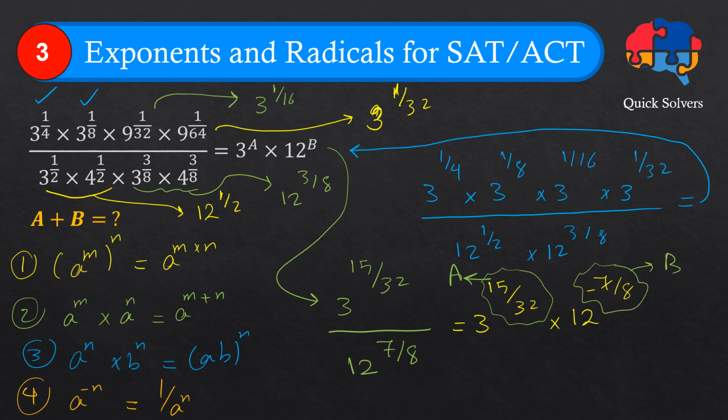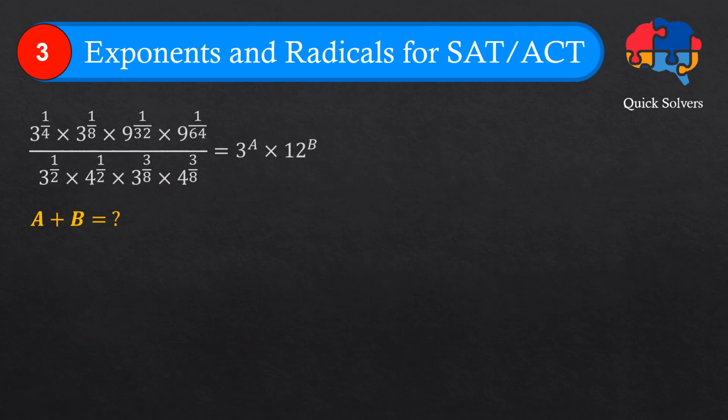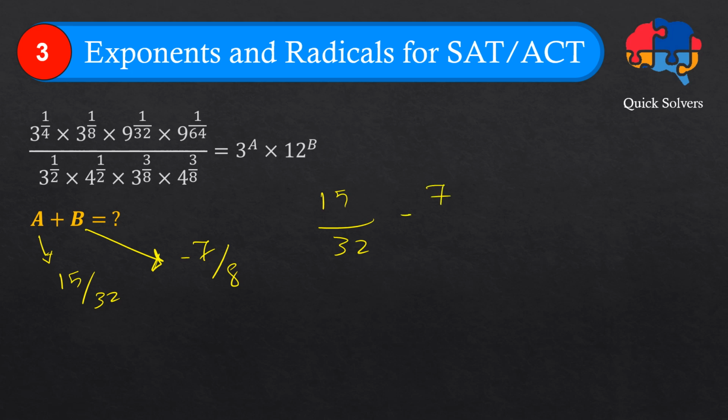So I can write here, or let's say here, well, we know a is 15 over 32, b is minus 7 over 8. So if I sum up these two, I'll get 15 over 32 plus minus 7 over 8. So I can directly write it in this format. Then we need to find the common denominator between 32 and 8, which is 32.